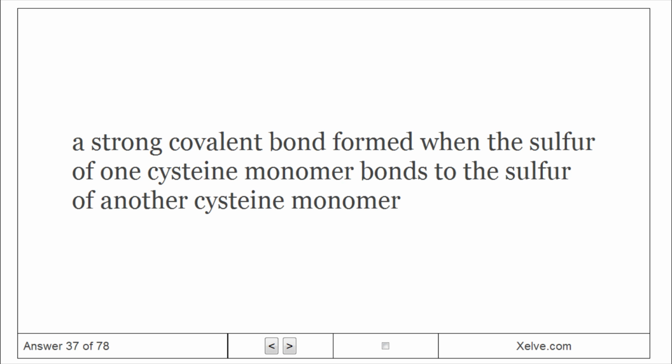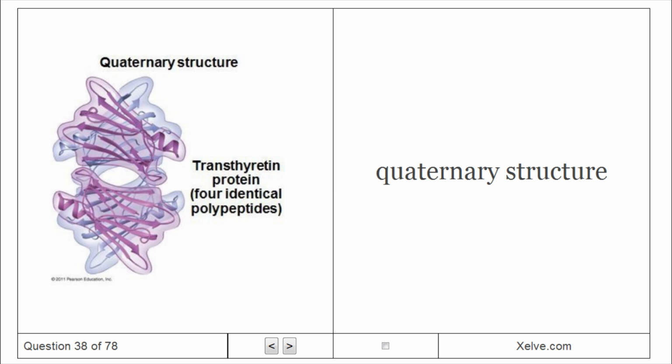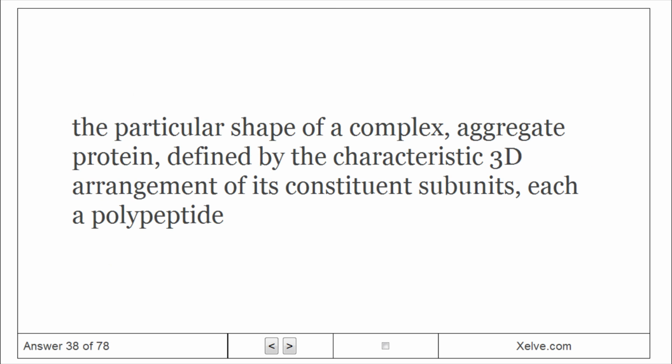A strong covalent bond formed when the sulfur of one cysteine monomer bonds to the sulfur of another cysteine monomer. Quaternary structure. The particular shape of a complex aggregate protein, defined by the characteristic 3D arrangement of its constituent subunits, each a polypeptide.